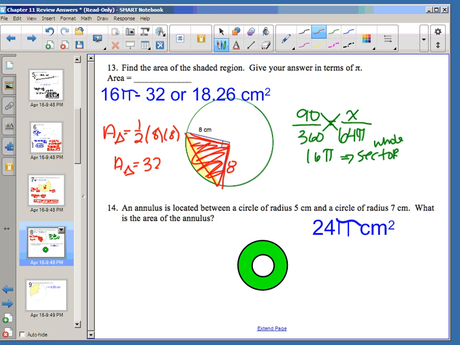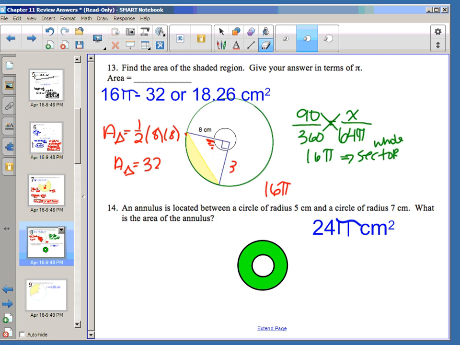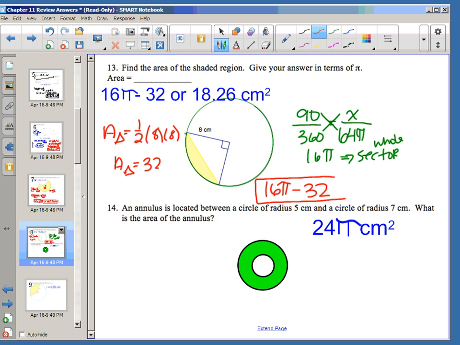That was 16 pi. And now I'm taking that chunk of the triangle away, so I have to subtract it. So if you're going to leave your answer in terms of pi, it's 16 pi minus 32 centimeters squared, or if you want to round it to a decimal, 16 times pi minus 32 gives me 18.27.